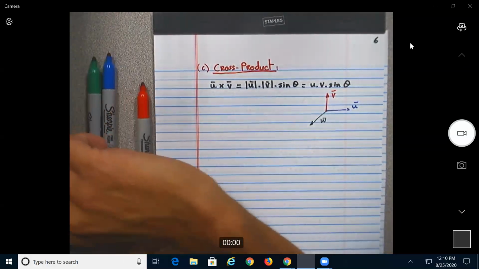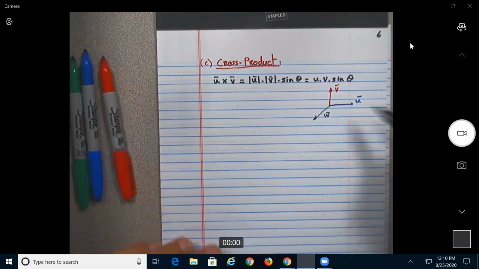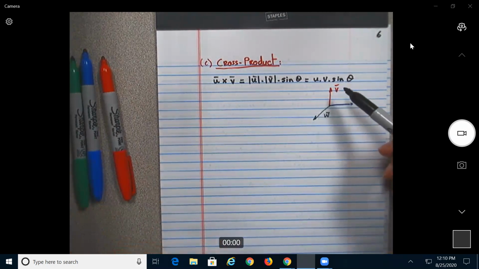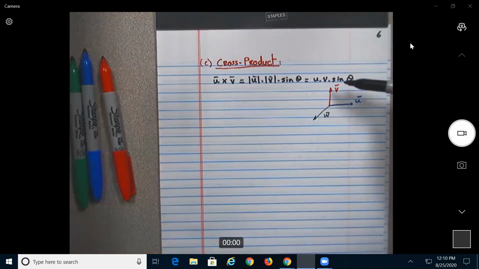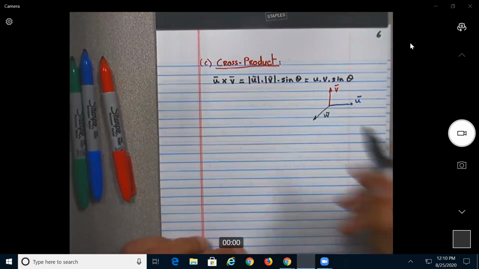So what does that mean? This one tells you 2 vectors are 90 degrees, all right? So basically the 2 vectors are perpendicular, all right? The third vector will be perpendicular to the other 2, okay? So what does that imply?